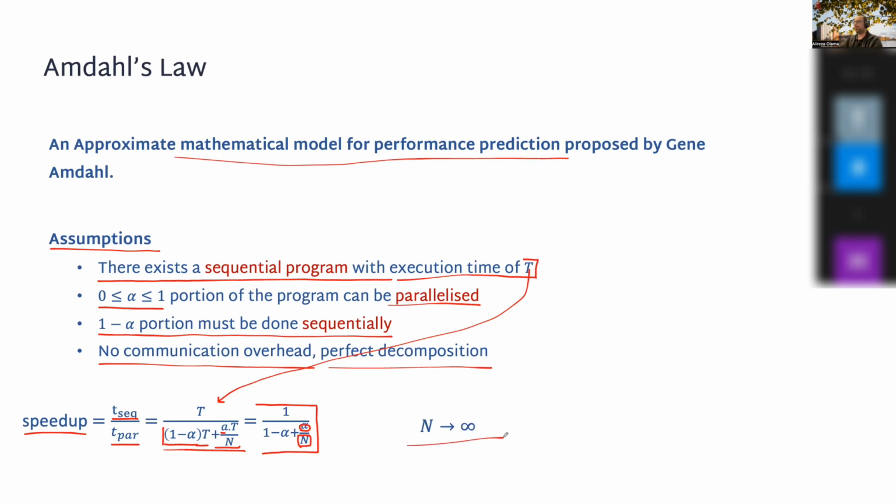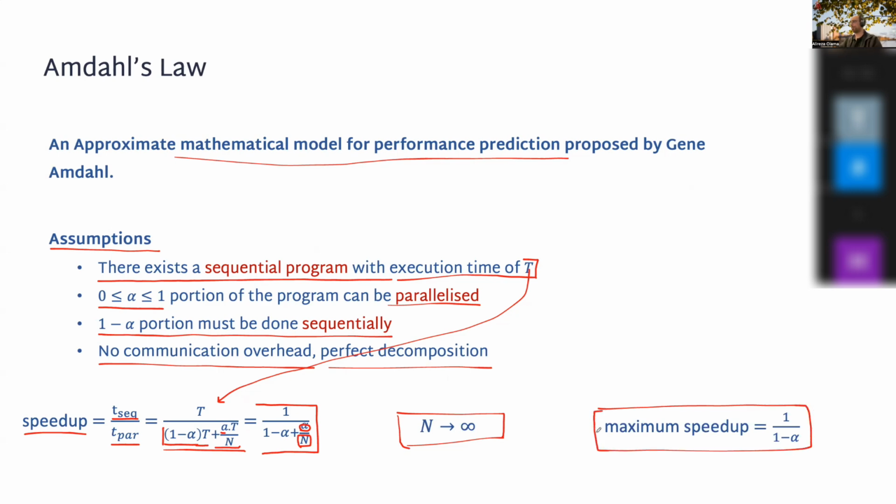If the number of cores goes to infinity and we compute the limit, the maximum speedup can be obtained by this equation, which is one of the most important equations in parallel computing, which tells us that the speedup of your program is actually limited by the serial portion of your algorithm, right?